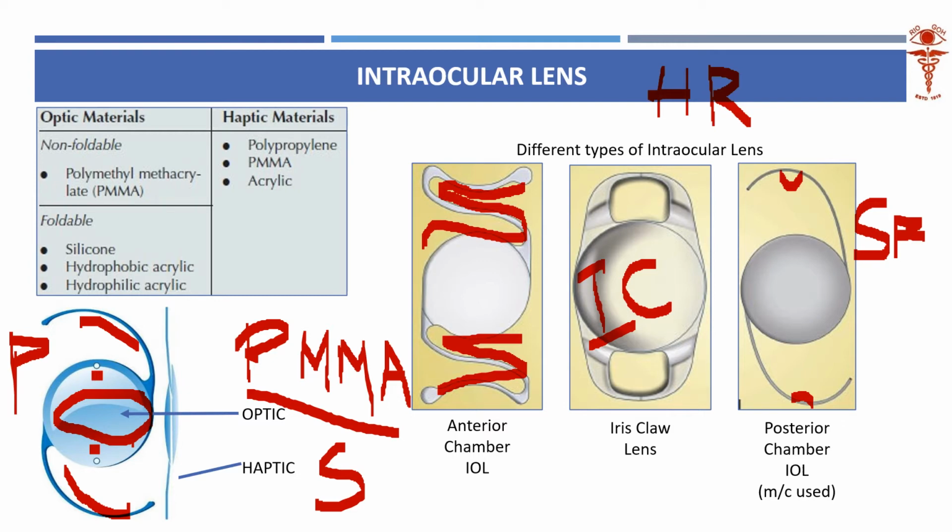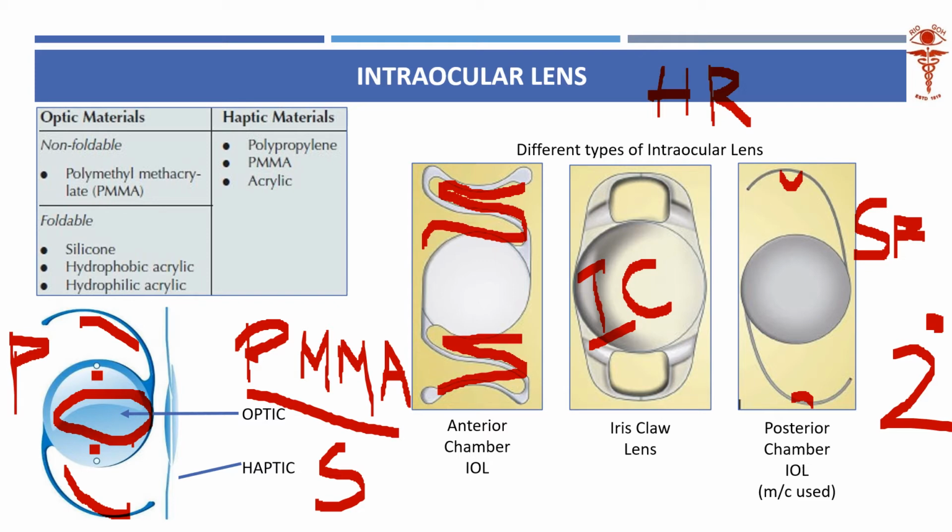In fact, these are generally called secondary IOLs. Secondary IOLs are IOLs other than the posterior chamber IOLs, which are kept in an aphakic patient. In an aphakic patient who had the posterior capsule removed, these are the options, the secondary IOLs.